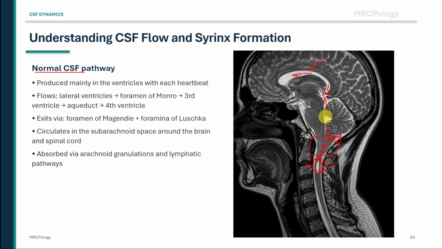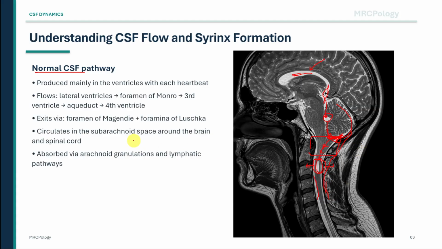From the fourth ventricle, it exits through the median aperture, called the foramen of Magendie, and the lateral apertures, called the foramina of Luschka. It then circulates in the subarachnoid space around the brain and spinal cord, and is eventually absorbed through arachnoid granulations and also through lymphatic pathways.